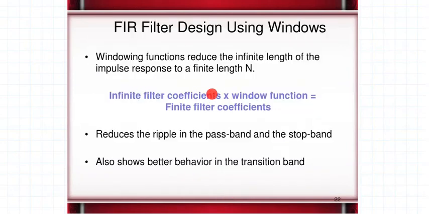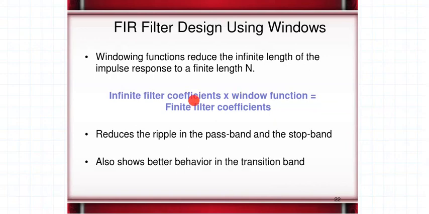Finite filter coefficients are multiplied by a window function to get the finite filter. So we could say now this is a systematic truncation. By multiplying with a window, we are performing truncation, no doubt. But we are performing the truncation in a systematic way instead of an abrupt truncation as we performed in the Fourier series method.